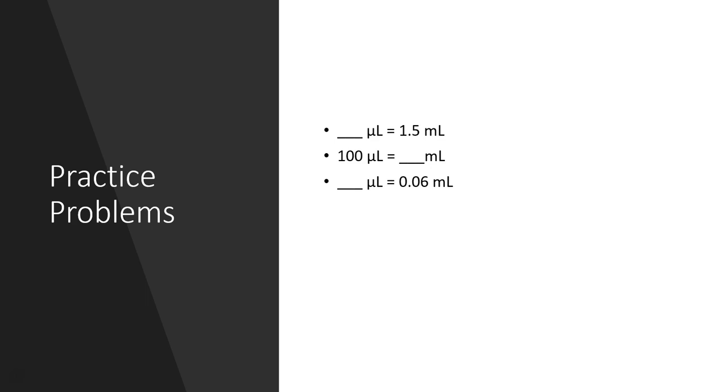It should be 60. 250 microliters is equal to how many ml? 0.25. And 0.003 ml is equal to how many microliters? It should be 3.